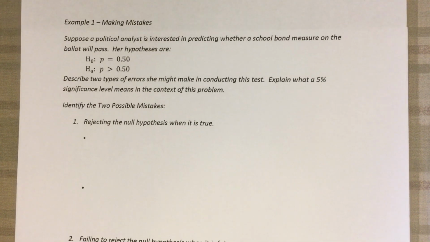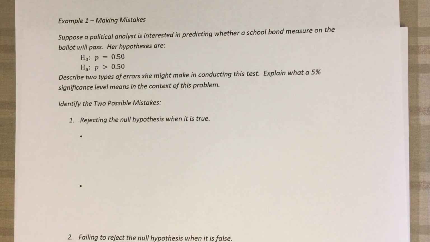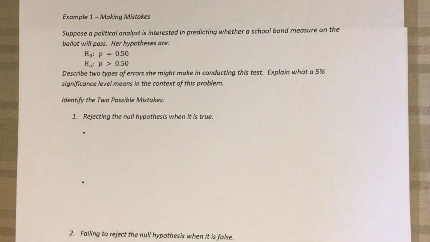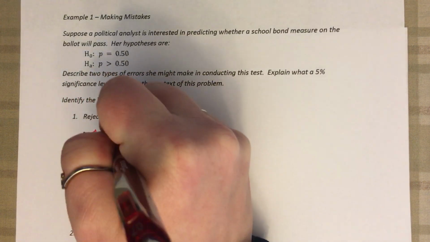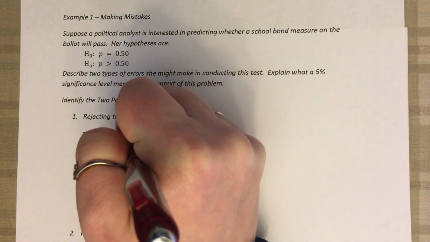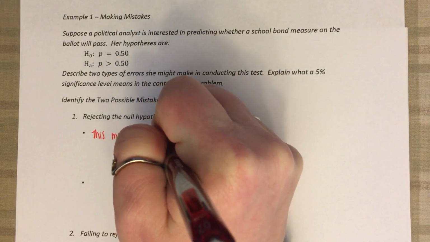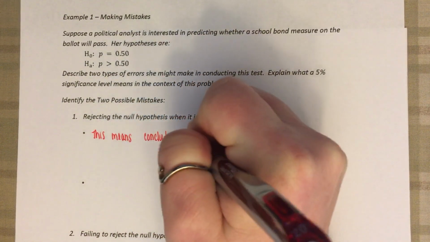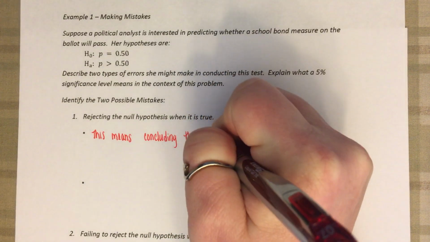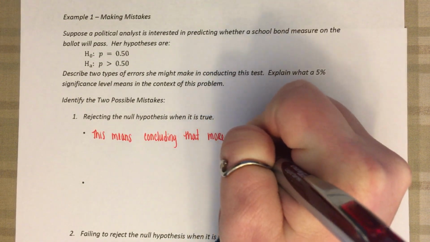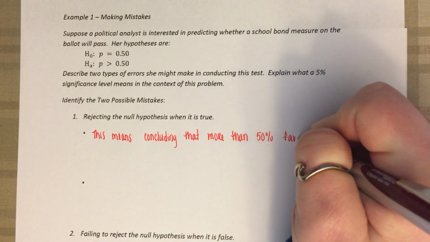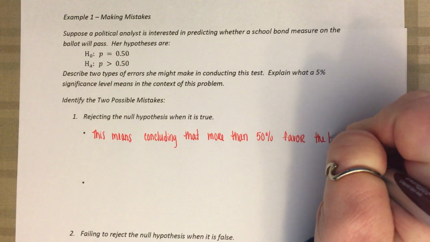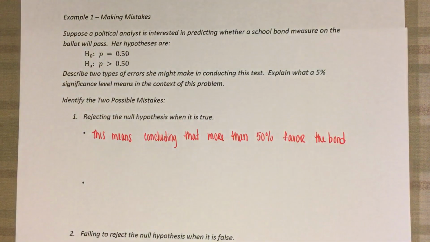One possible type of mistake is to reject the null hypothesis when it is in fact true. In this scenario, this means concluding that more than 50% favor the bond. That would be rejecting the null hypothesis.